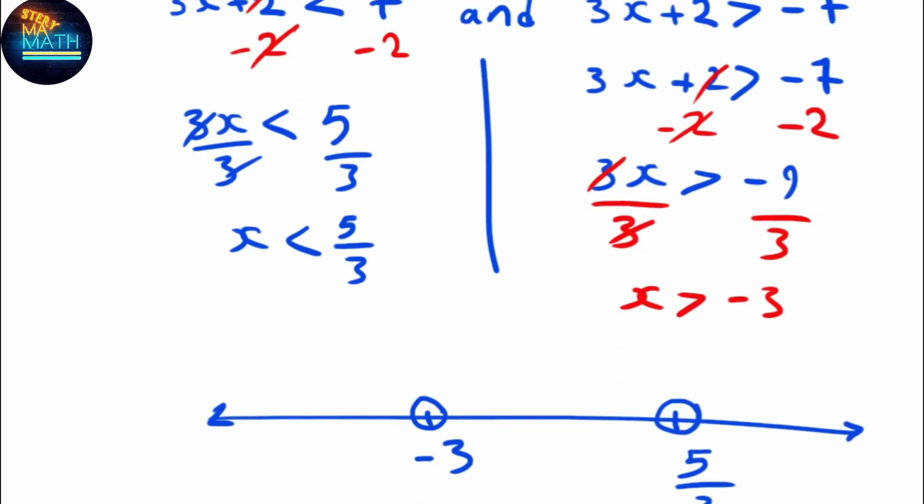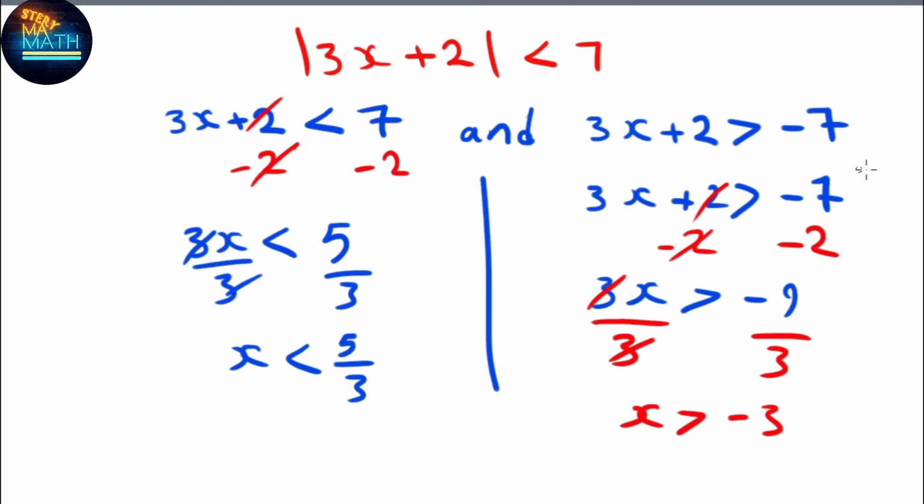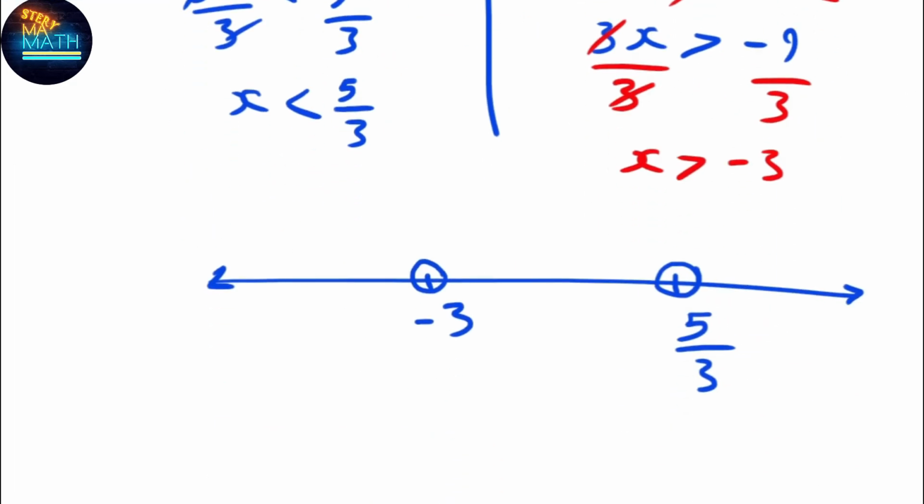And because you have the word AND, I will shade the part between negative 3 and 5 over 3, overlapping here between negative 3 and 5 over 3. So this is the solution: negative 3 and 5 over 3.